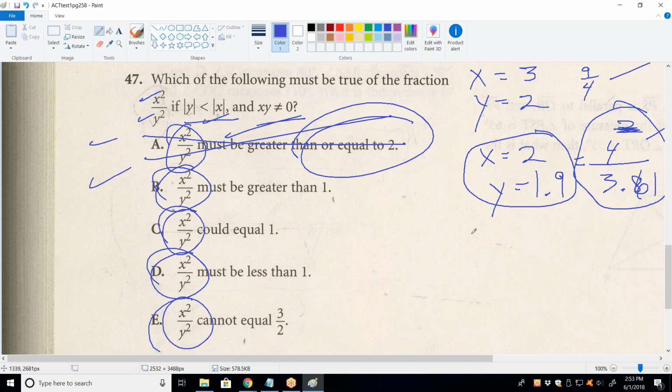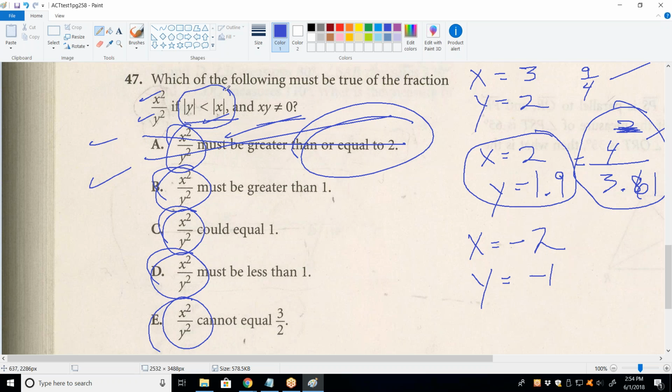In other words, what if I make X be -2 and Y be -1? But isn't the absolute value? So what would the absolute value of Y be? 1. What would the absolute value of X be? 2. So that would be true.